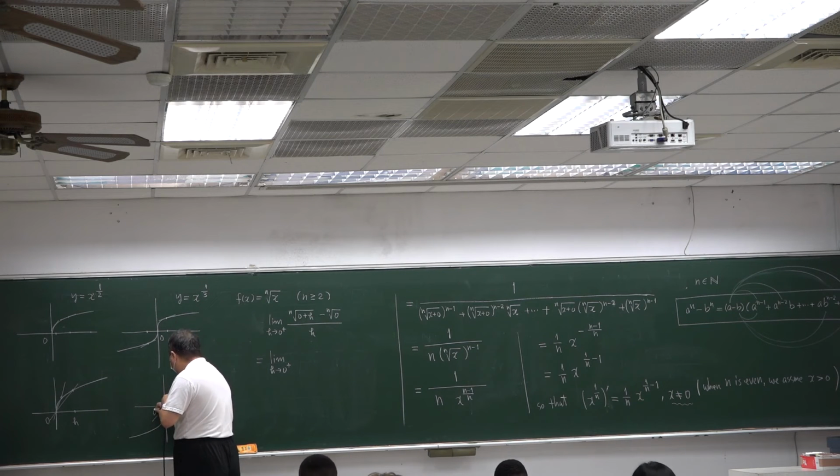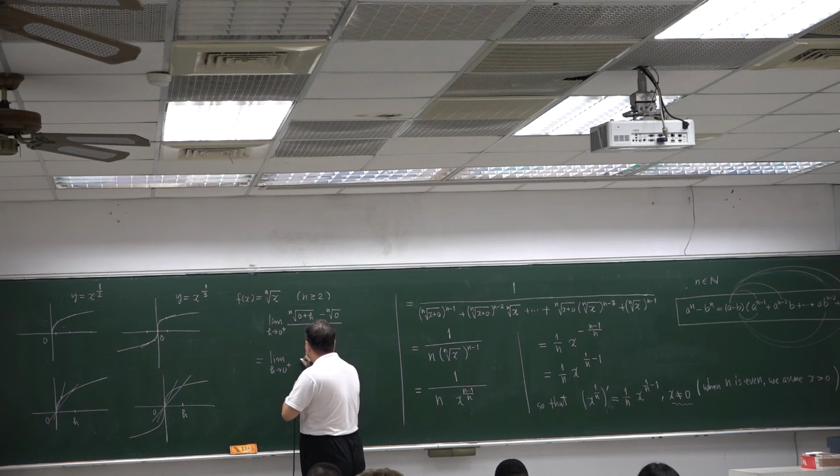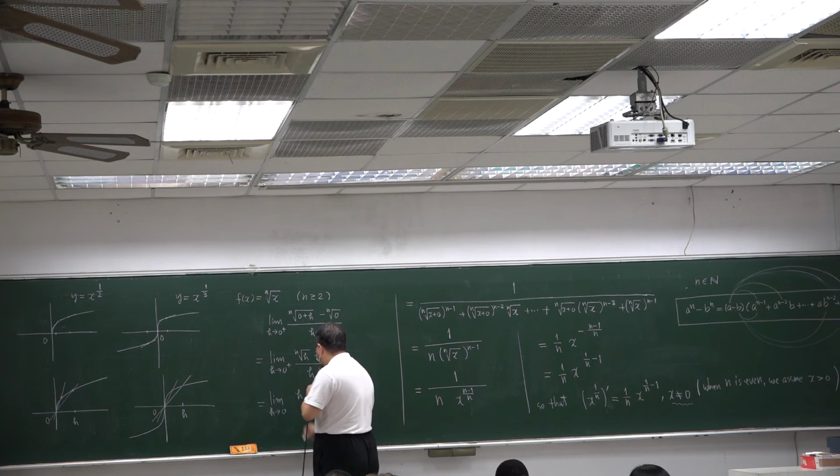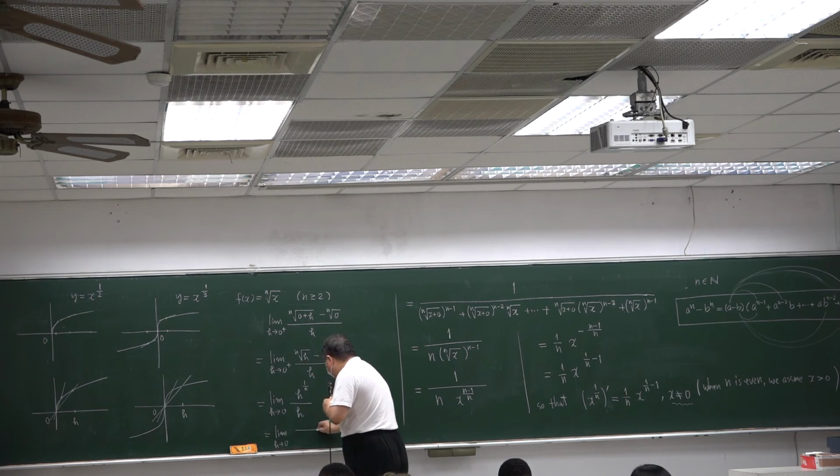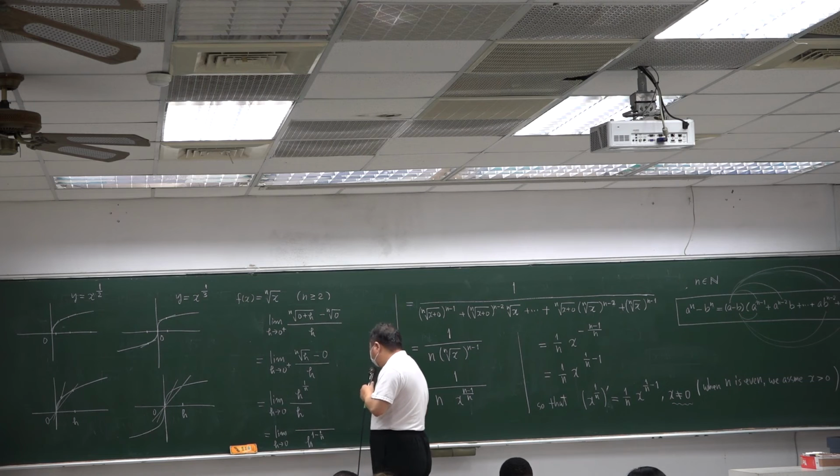then h goes to 0. Okay, this is the nth root of h. This is 0. This is h raised to the 1/n power, h raised to the 1 minus 1/n power.